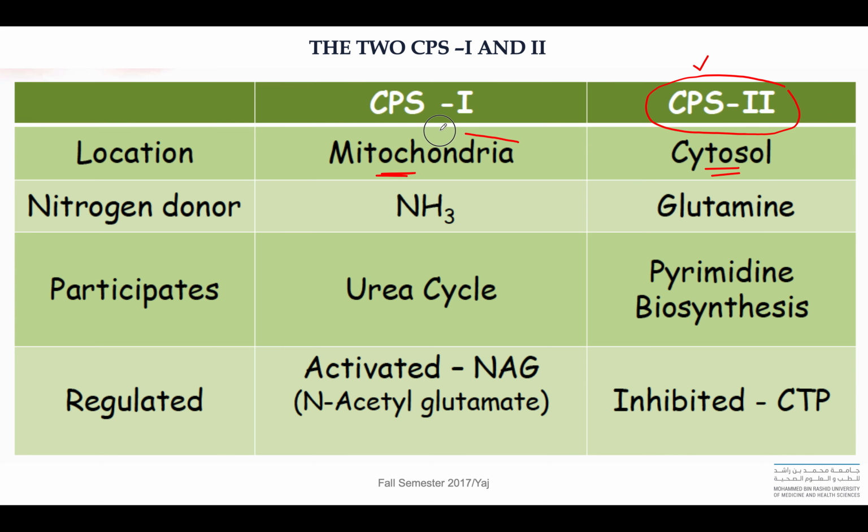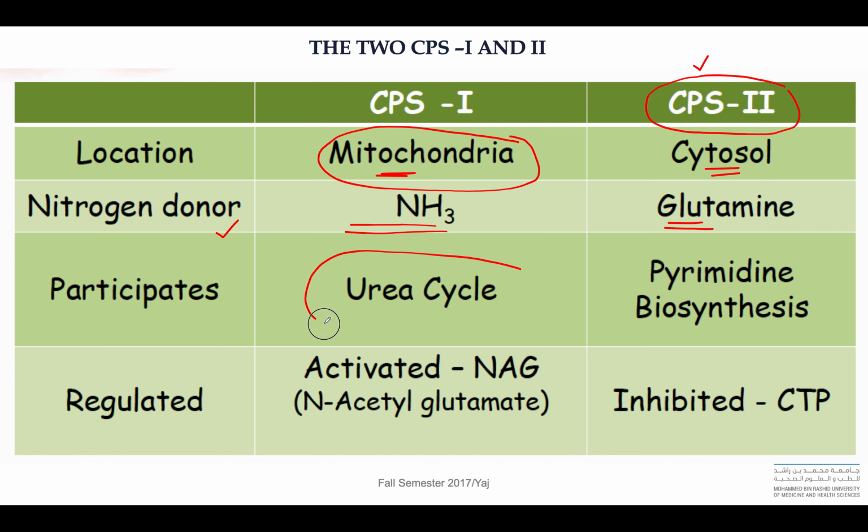For the function of carbamoyl phosphate synthetase 1, you require a nitrogen donor, and that nitrogen donor is ammonia, because ammonia and carbon dioxide are acted upon by carbamoyl phosphate synthetase 1. In case of carbamoyl phosphate synthetase 2, we also require a nitrogen donor, but that is glutamine.